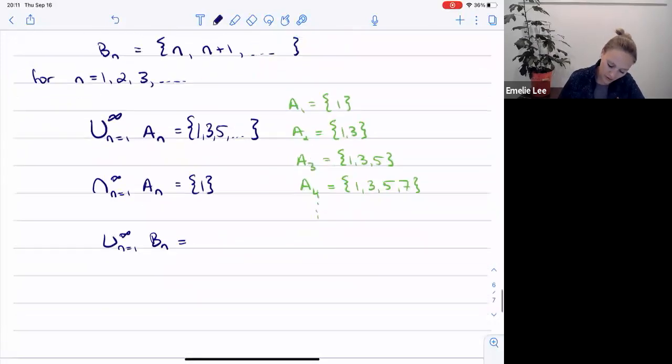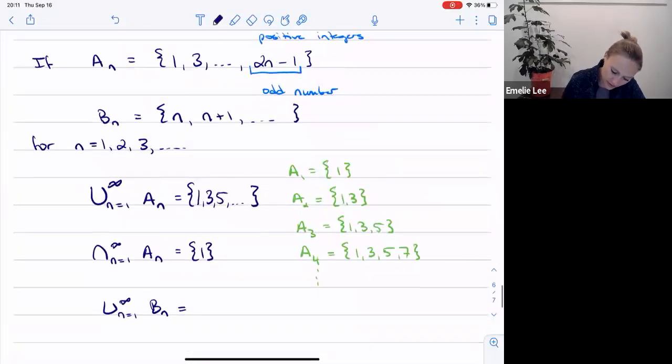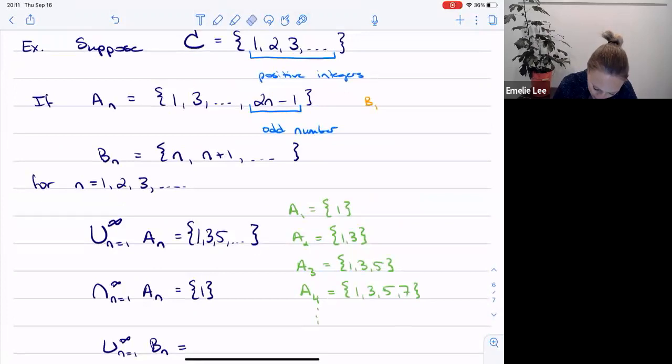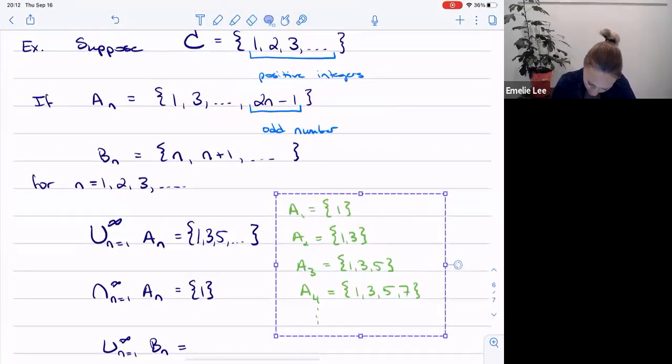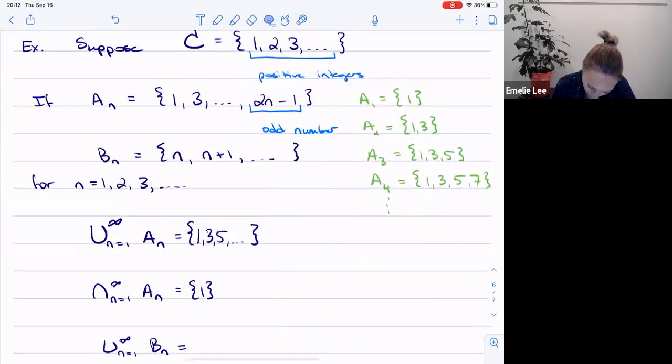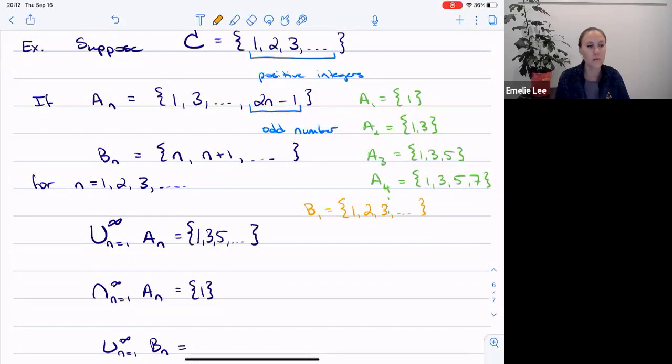Actually, you know what? I'm going to scooch these around here because it might make more sense to have them in order. Order in the court. B1 is 1, 2, 3, all the way up to infinity.